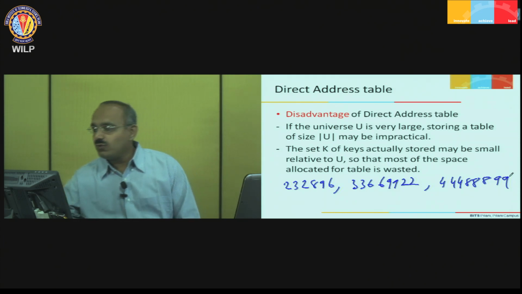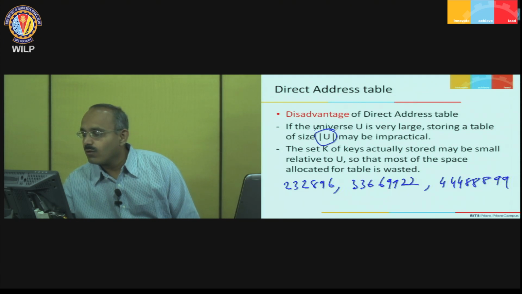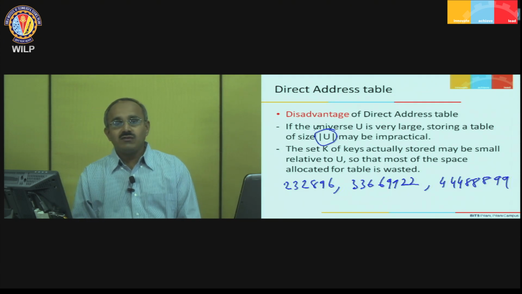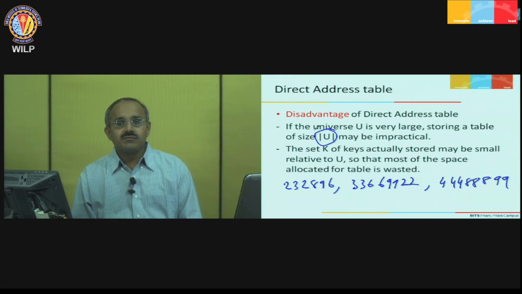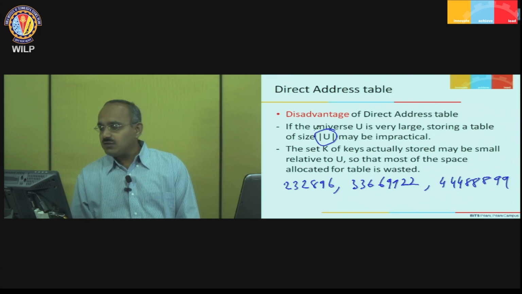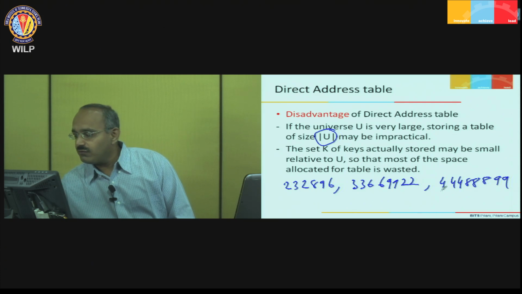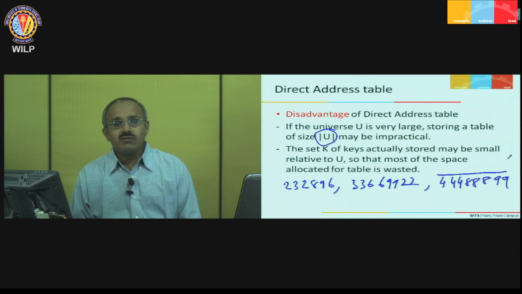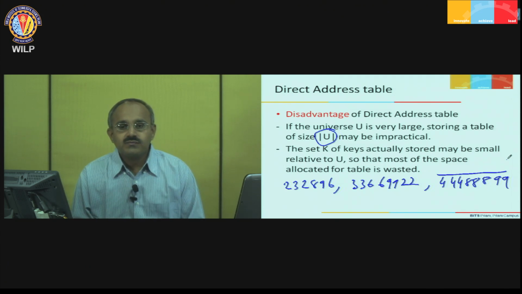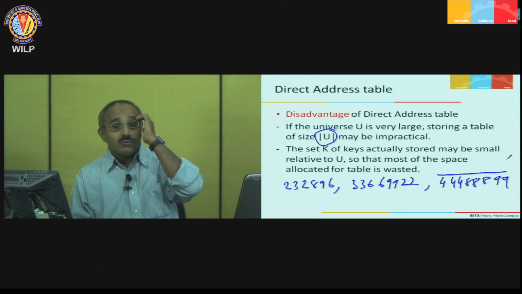My size of U, which is the universe of all keys, is going to decide the size of the table. Now, in my U, you are also going to have a key like this. That means your table T, which is going to store the actual keys, should have this many cells or slots, out of which only 3 slots are going to be used.